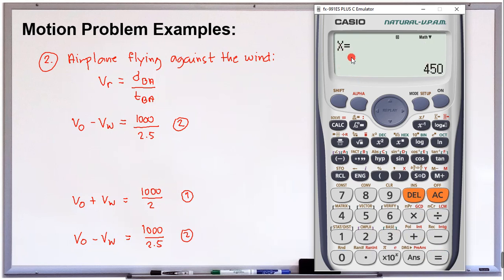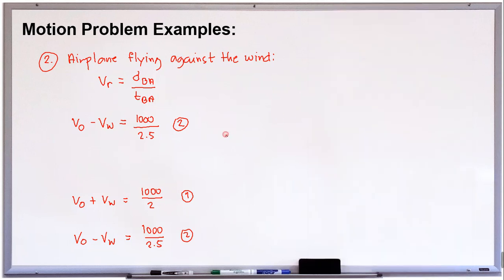So our x, which is VO, that is the airplane's velocity, is 450 kilometers per hour. And then our VW, which is our wind velocity, is 50 kilometers per hour. So therefore, by using the scientific calculator, we found out that the airplane's velocity is 450 kilometers per hour, and the wind velocity is only 50 kilometers per hour.